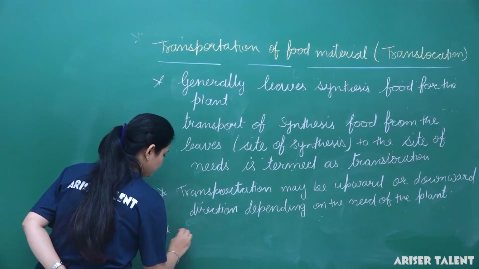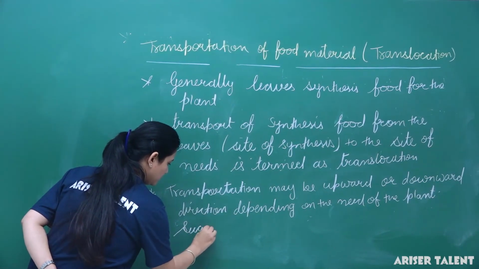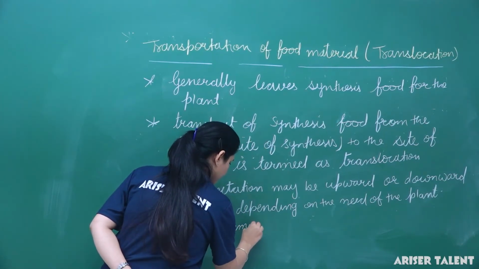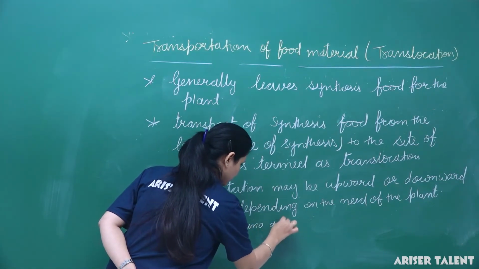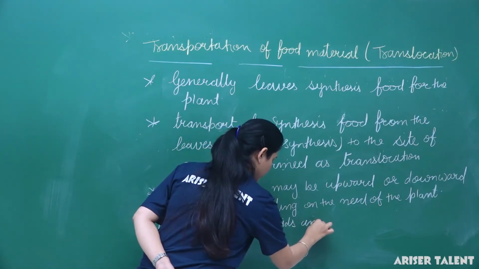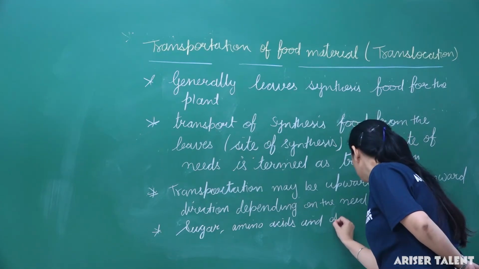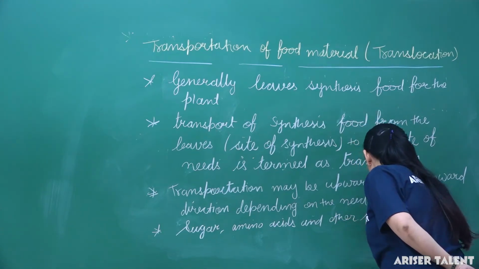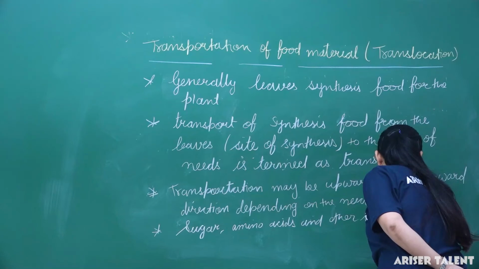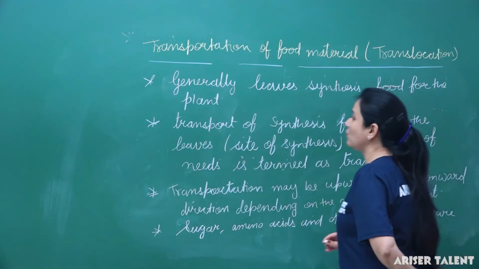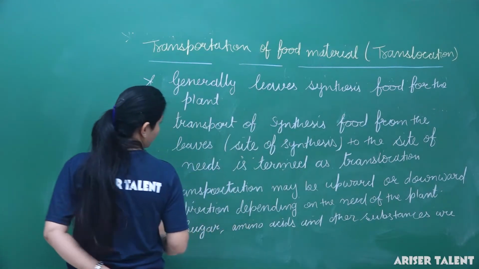Sugar, amino acids and other substances are translocated, transported by the help of phloem.